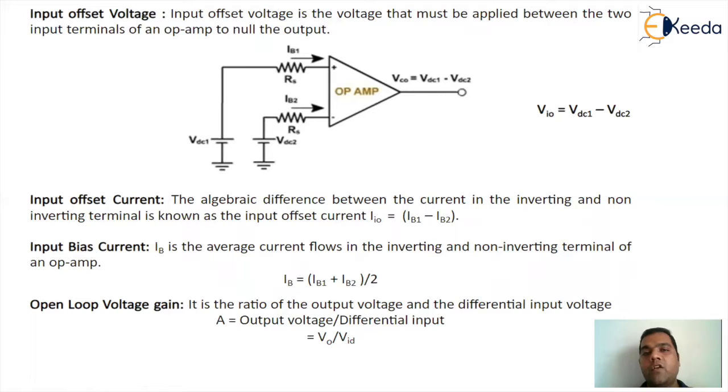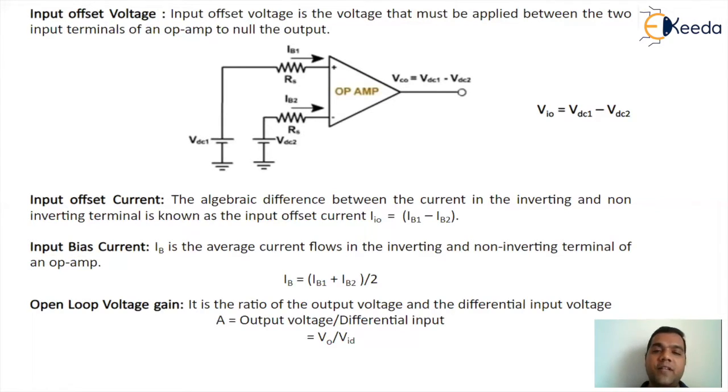Again, when we don't give any input to both pins of the op-amp, and we can say both pins are grounded, whatever current flows inside the pins due to the impact of noise can also be defined as the input offset. So the input offset current is the algebraic difference between these two currents.